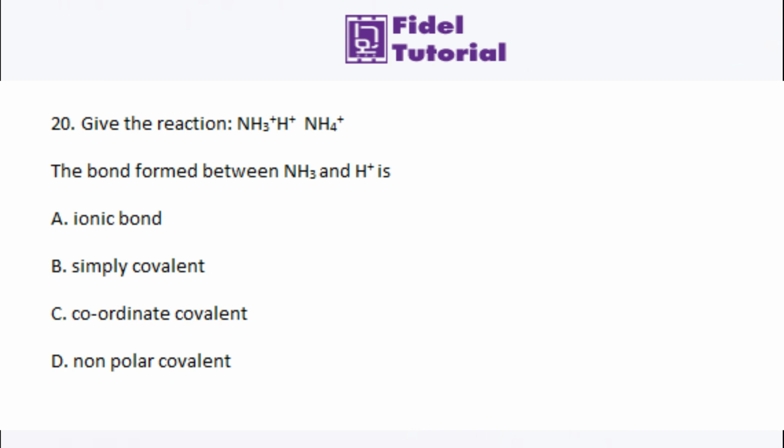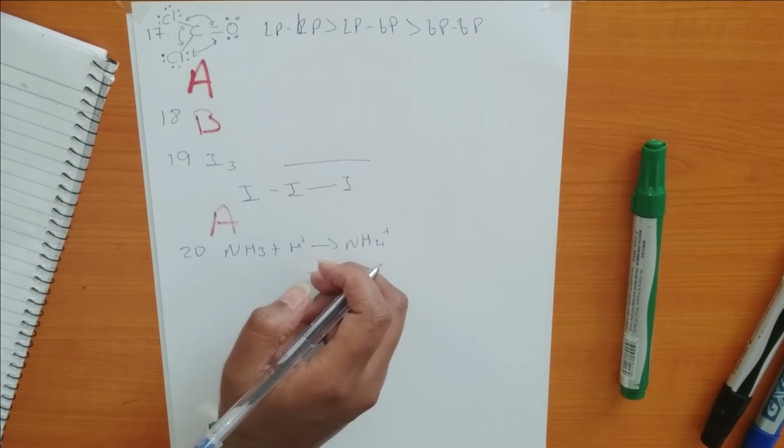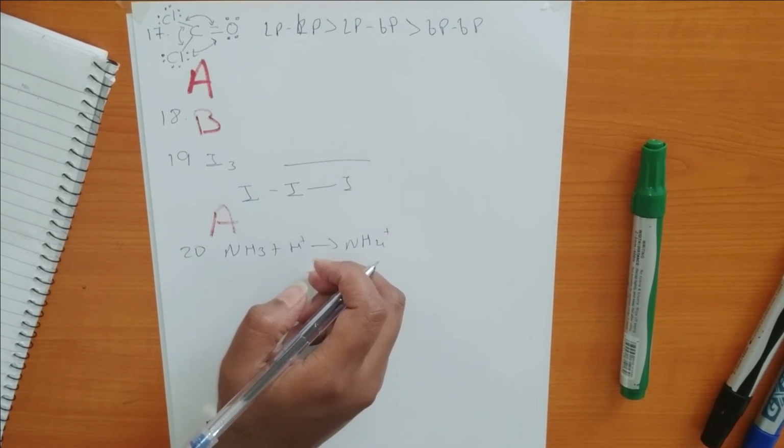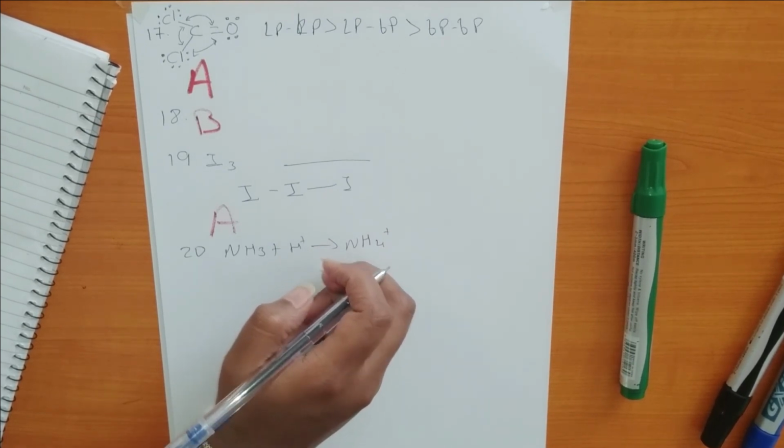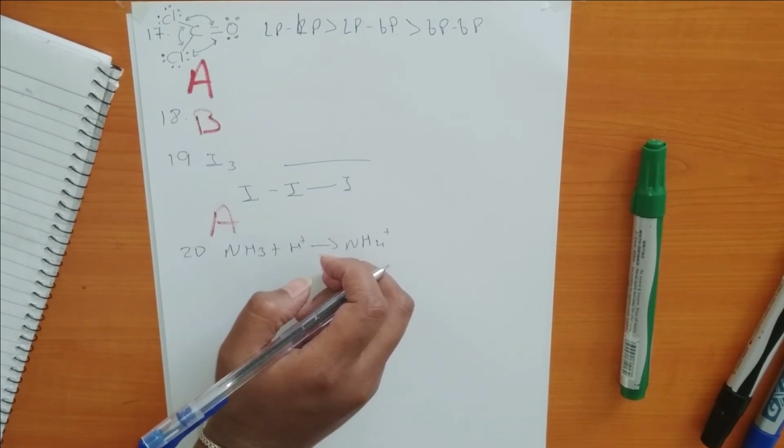D, nonpolar covalent. Ammonia has a lone pair on nitrogen and the hydrogen ion has a vacant orbital. The donor shares the pair with the acceptor in the bond between NH3 and H plus. It's a coordinate covalent bond or dative bond. So our answer will be C.